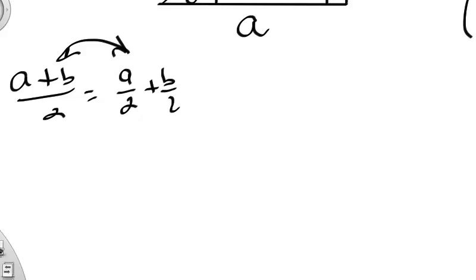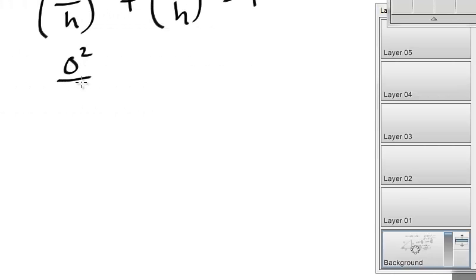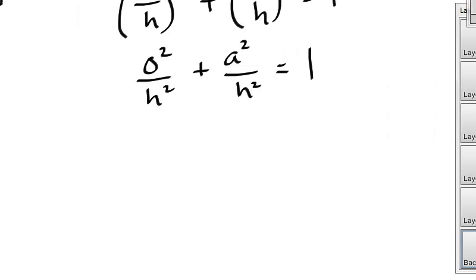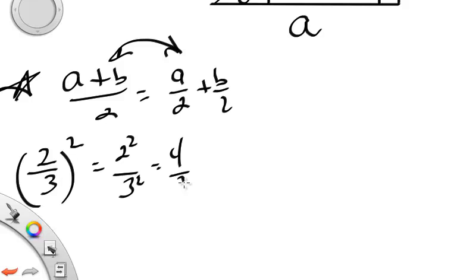I got the same denominator here, and if we go to our next line, simplifying this simplifies to o squared over h squared plus a squared over h squared equals 1, and that comes from the Algebra 2 rule that stuff like 2/3 squared equals 2 squared over 3 squared, which is 4 over 9. And that's how you square a fraction, or take a fraction to the second power. So we have done that here.